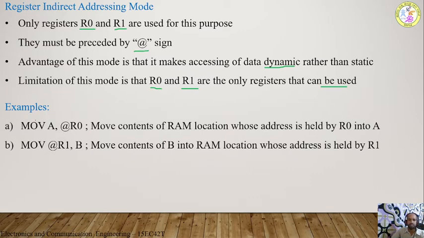Now coming to the example, MOV A, @R0. What will this do? You take the content of R0, go to that memory location, take that content, and copy it to the accumulator. For example, let us assume that the content of register R0 is 10H. Since the @ symbol is used here, this 10H is not data but an address. @ indicates that this is the address.